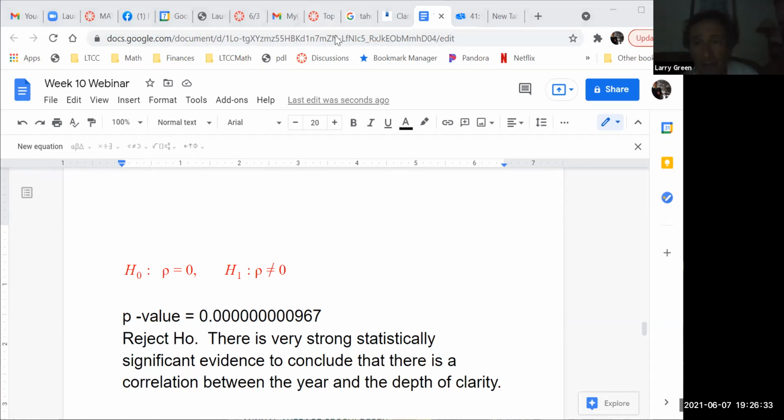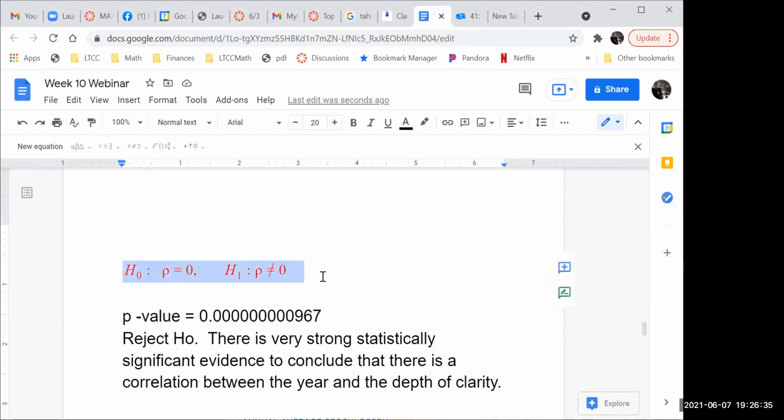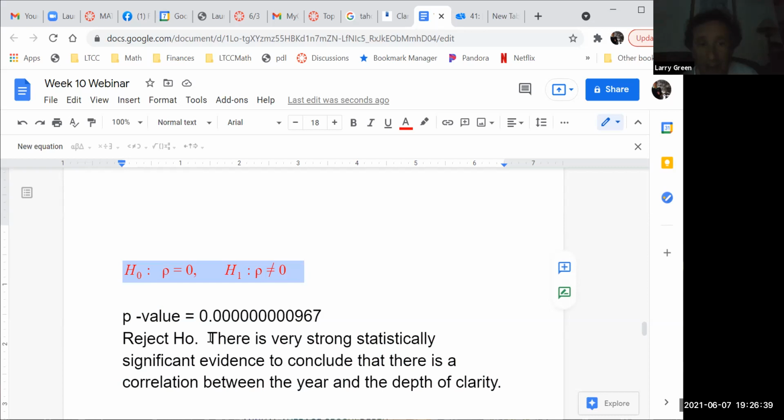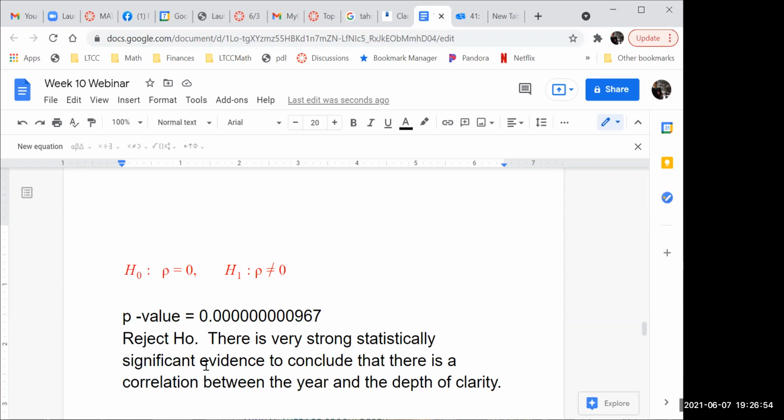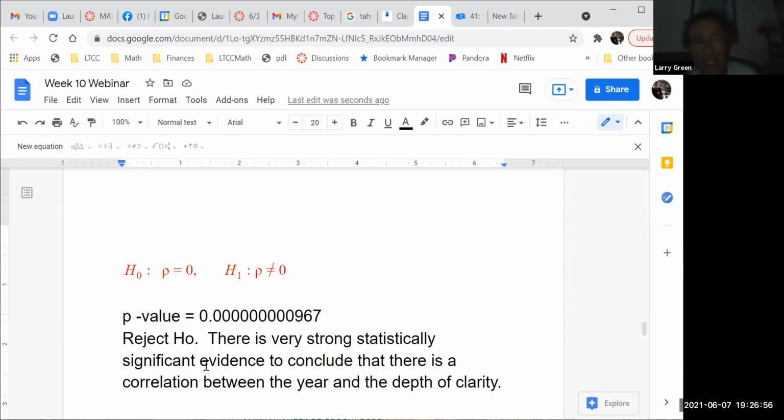So see what's in red? The hypotheses are symbols. The conclusion is always a sentence. I put very strong because it's so small, you might as well brag, right? But it always starts, there is statistically, and then it's either significant or insignificant. You remember that? We've been doing that for every chapter since chapter 9, I guess.